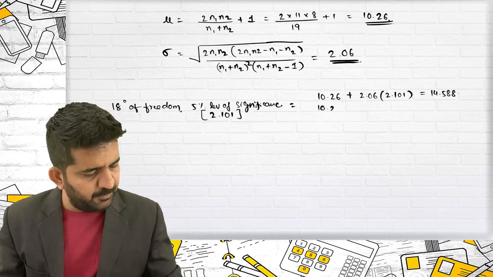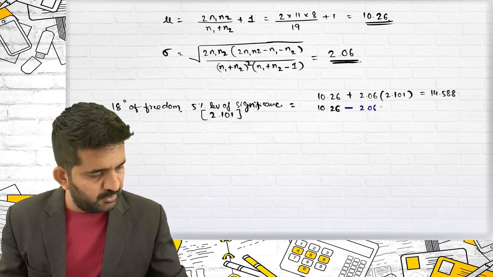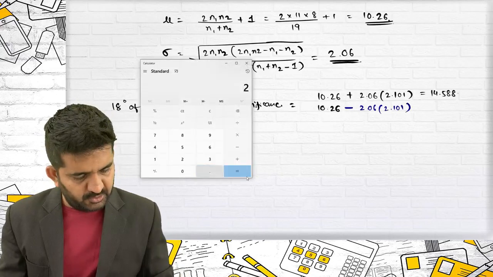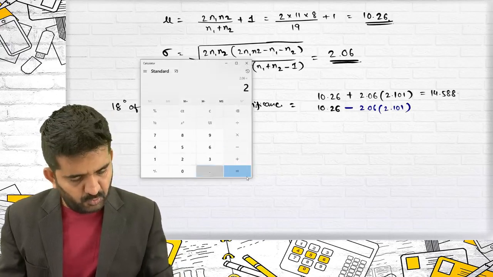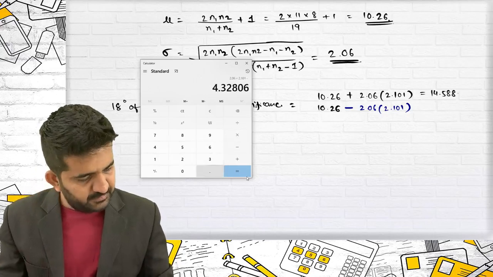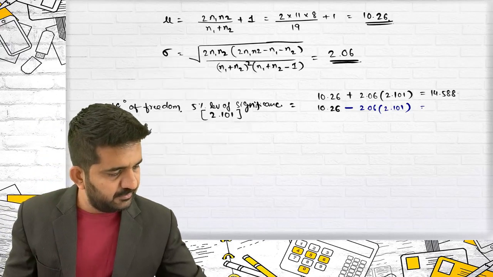Then, instead of plus, here it will be minus: 10.26 minus 2.06 into 2.101, which is 5.9314.